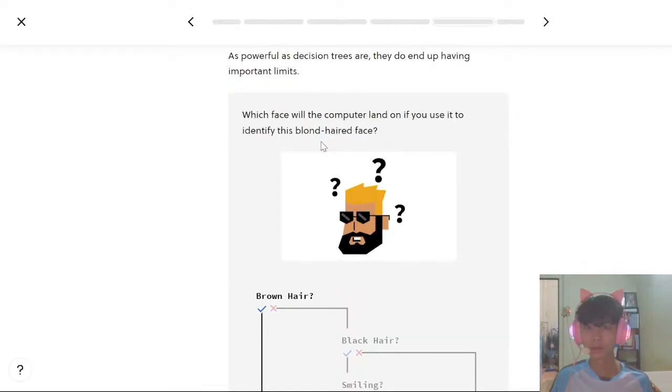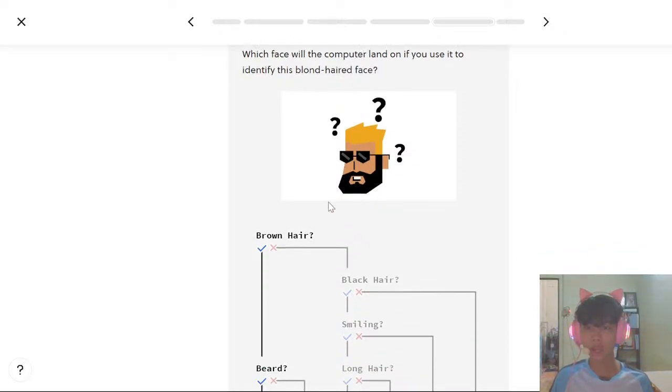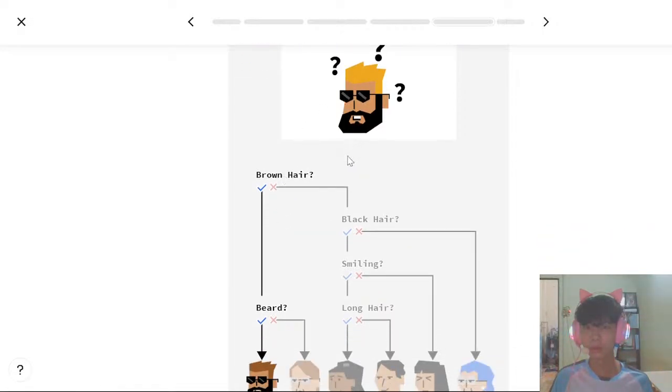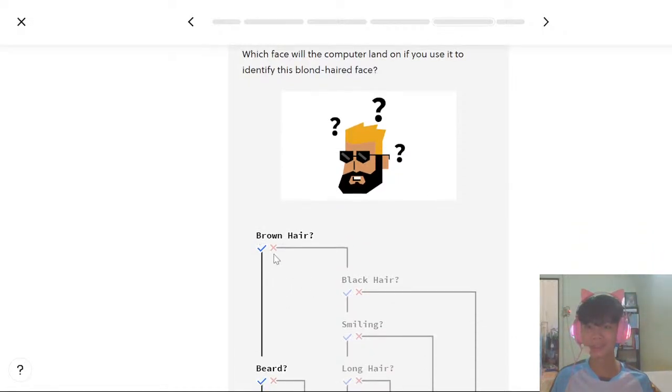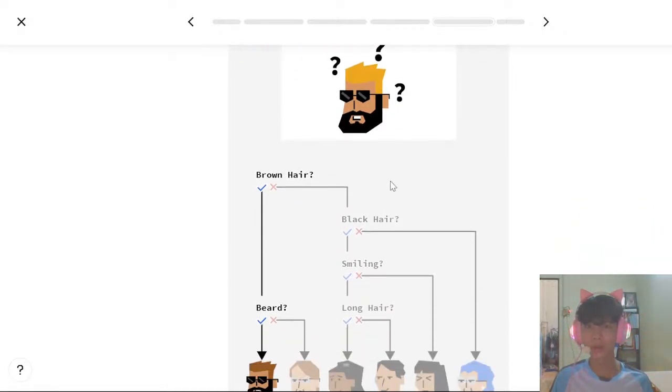Okay, so brown hair. No, he is blonde. He doesn't have brown hair. So is the answer black hair? No, he doesn't have black hair.